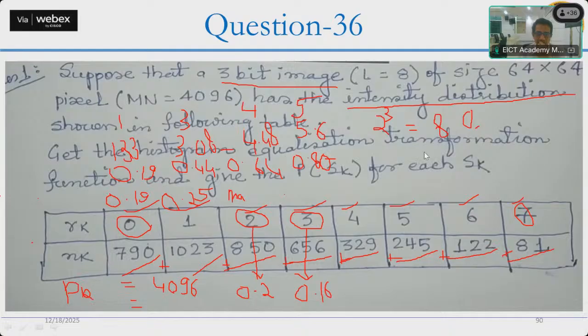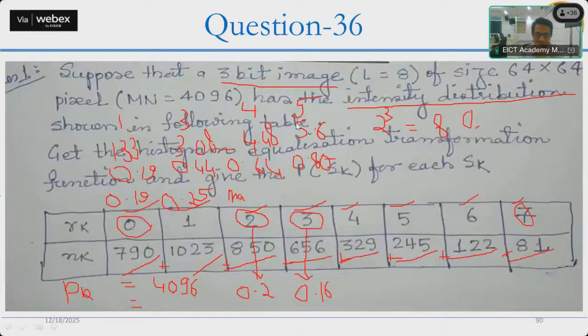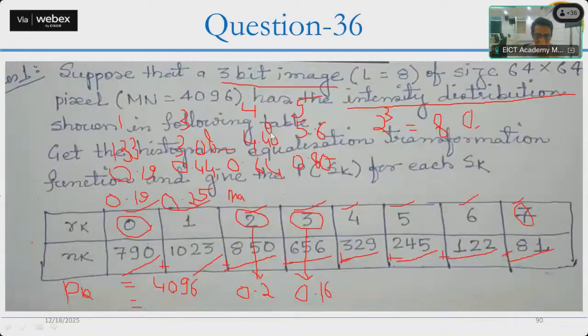This one is actually 4.48, here it can be 5. It is a minor change, I don't know how the things have not gone correctly. It is 4.55.